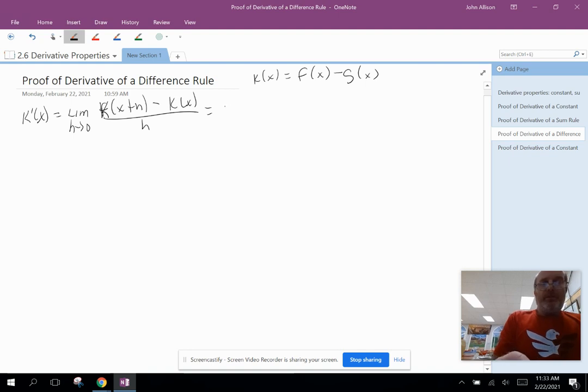And this is going to be equal to the limit as h goes to 0. Remember, when you're working through these, never lose your limits, of f of x plus h minus g of x plus h. That's my k of x plus h. Now I subtract k of x, so I'm subtracting f of x minus g of x.